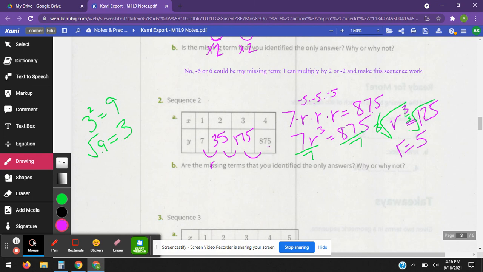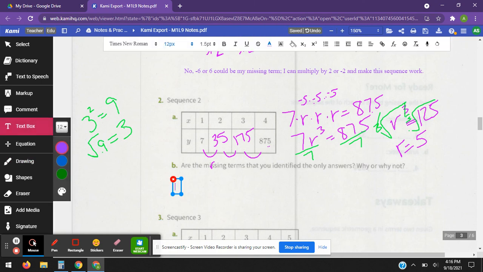This one's positive. So the answer is yes, these are the only missing terms. And the ratio is 5.